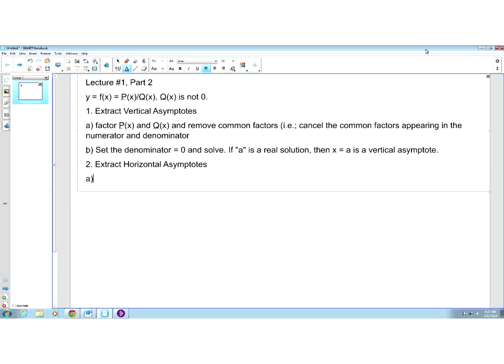So before we proceed, I want to give you a definition. The degree of a polynomial is the largest exponent in the polynomial.